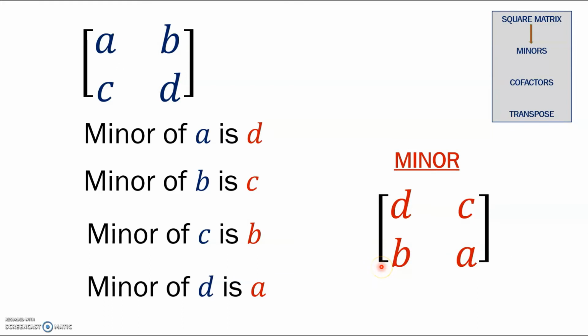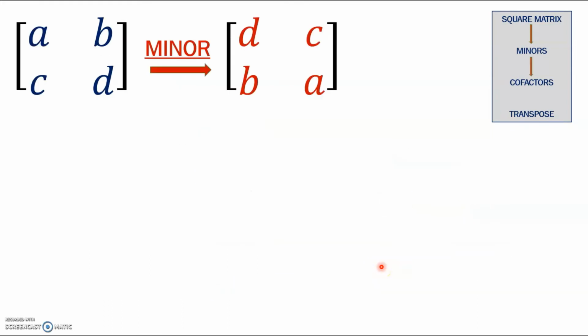All right. So next, from the minor, we're going to get the cofactor. How do we get the cofactor? You multiply each of the elements with this sign table. I call this the sign table because it starts with a plus and it keeps alternating. So plus, minus, and then it is also alternating vertically. So plus, minus, minus, plus. It's an alternating sign table, but it starts with a plus.